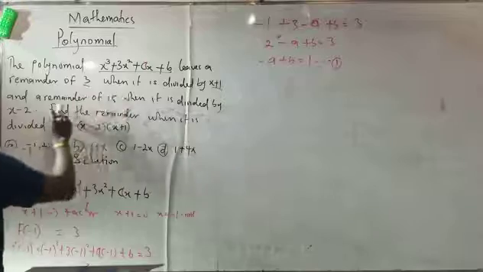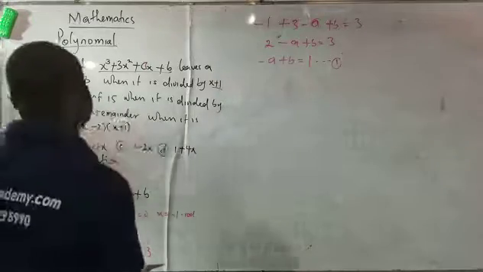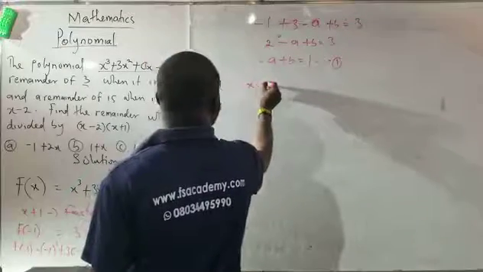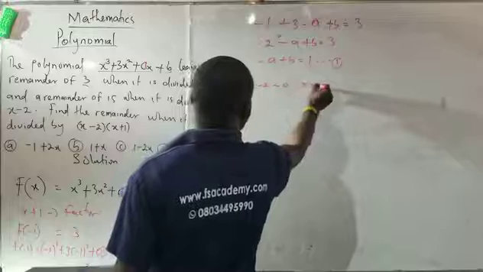I will come to the next condition: a remainder of 15 when divided by x minus 2. It means x minus 2 is a factor, equal to 0, so x will be equal to 2.